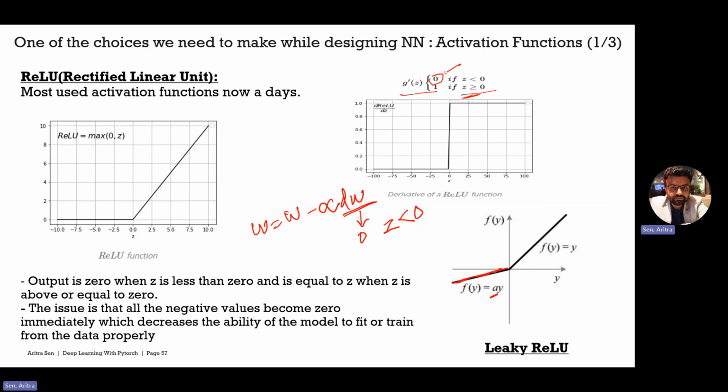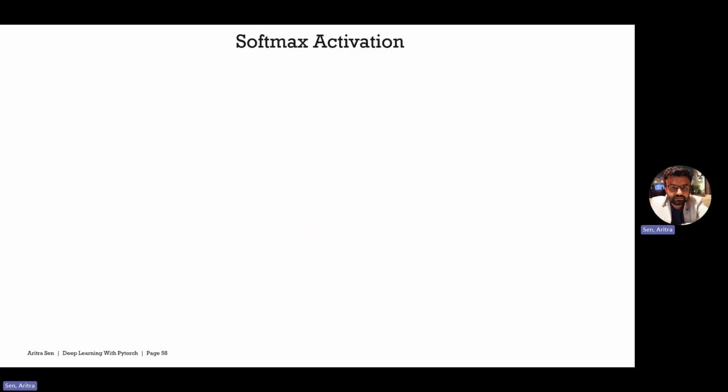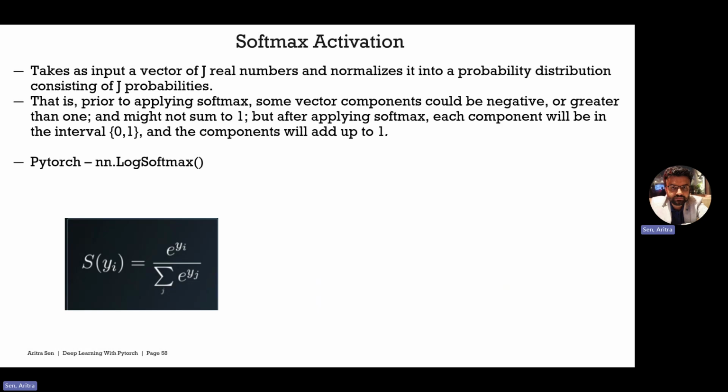That's what we use nowadays. Leaky ReLU you can straight away use in the hidden layer activation functions, and that will give better results compared with the TanH or Sigmoid activation function.